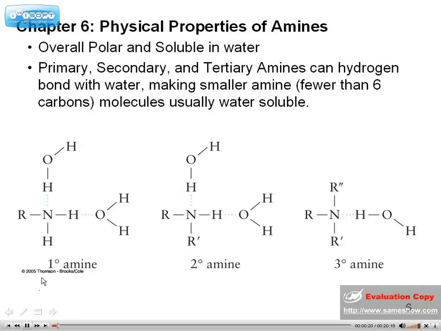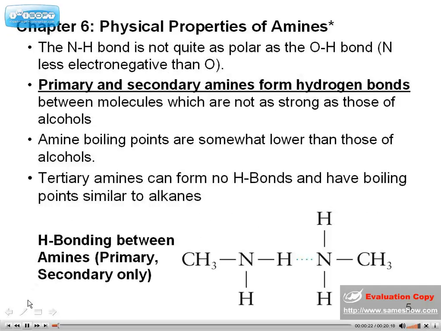So in this example, let's go back one. In this example, we have a general statement where primary and secondary amines can form hydrogen bonds.